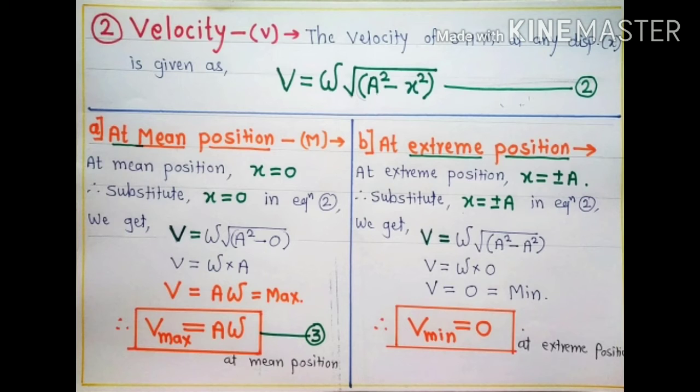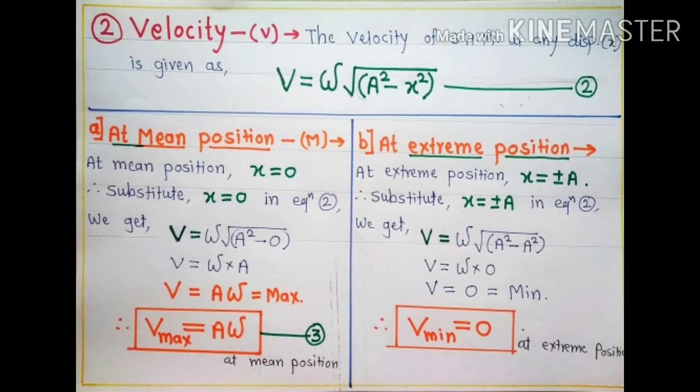Similarly, at extreme position, x is equal to capital A. Therefore, substitute x is equal to A or plus or minus A in equation 2. Then we get v is equal to omega root of capital A square minus A square. A square minus A square is 0.